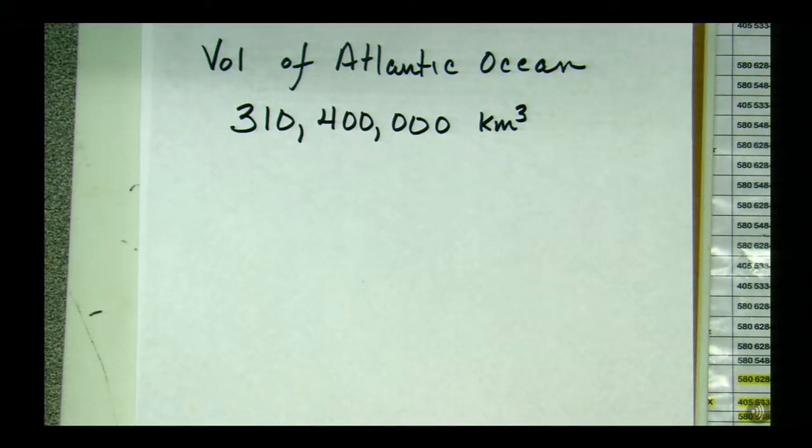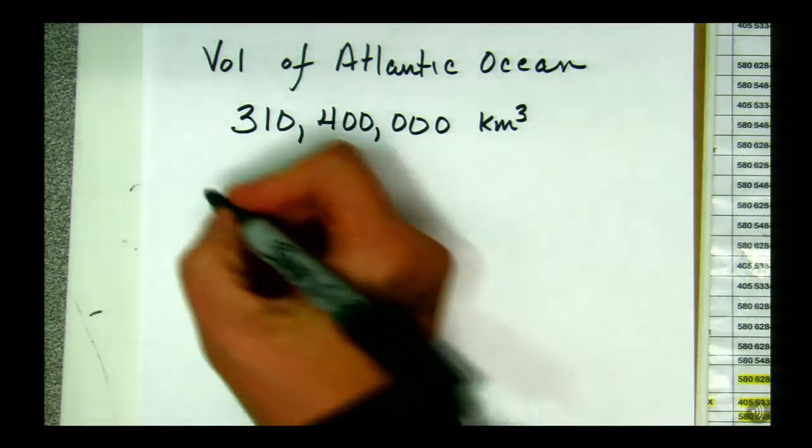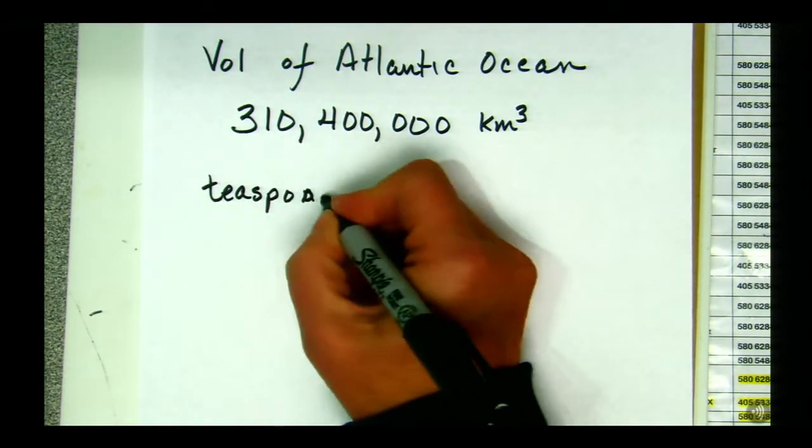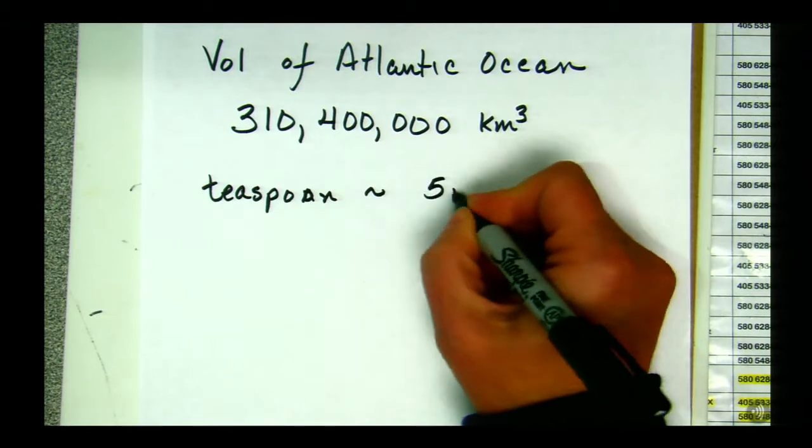And I figure that's a pretty reliable source. But look at your units. Your units are in kilometers cubed. And if I'm dealing with a teaspoon, a teaspoon is approximately 5 milliliters.